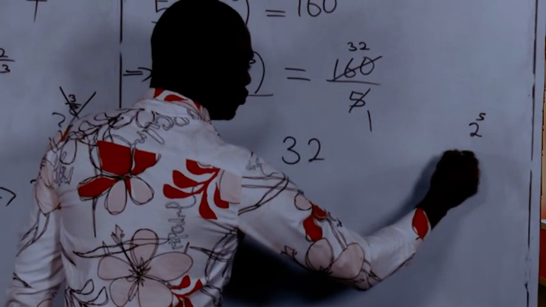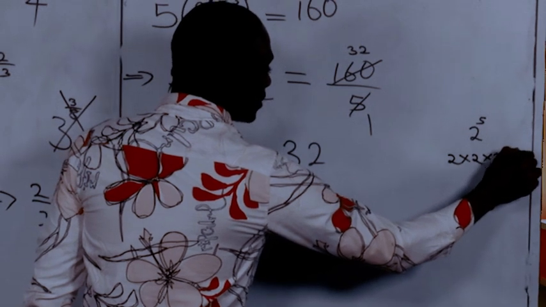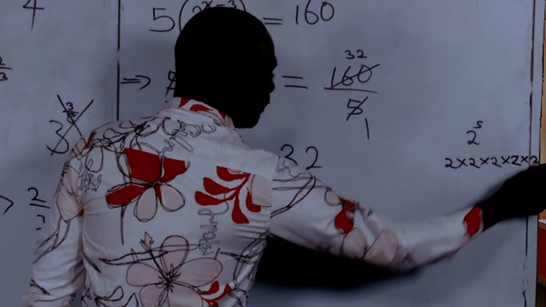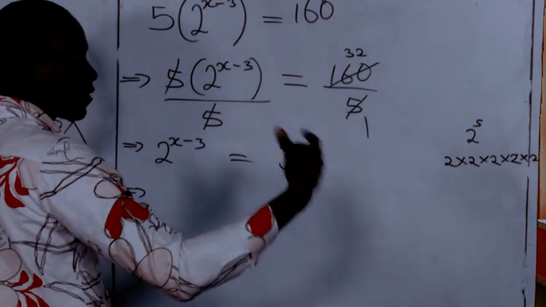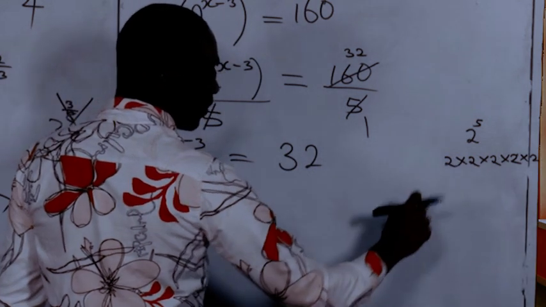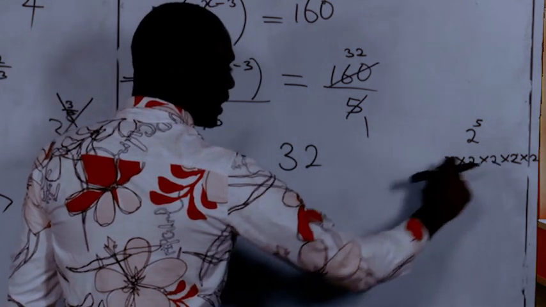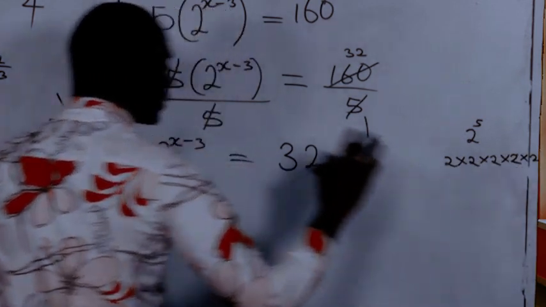That is 2 multiplied by itself 5 times. 2 times 2 is 4. 4 times 2 is 8. 8 times 2 is 16. And 16 times 2 will give us 32.